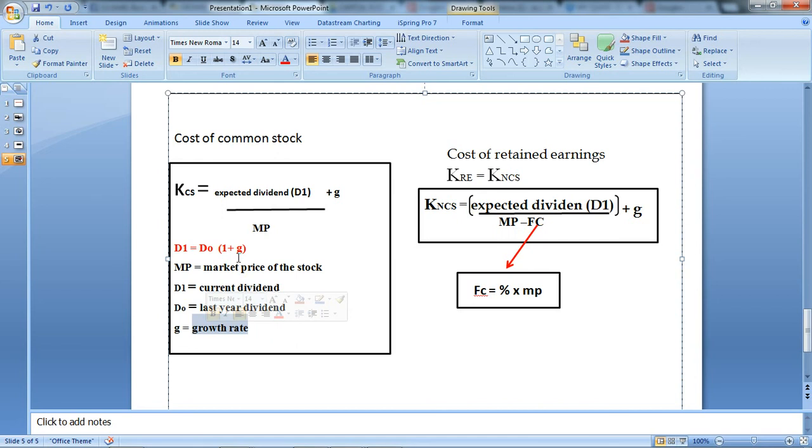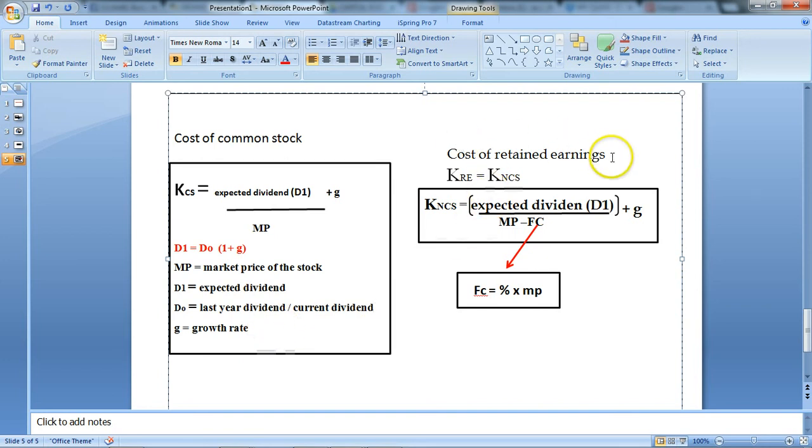So you need to calculate D1 and the market price of the common stock. D1 is not the current dividend. I repeat, it is the expected dividend. And D0 is the last year dividend, or we can call it the current dividend, plus the growth rate.